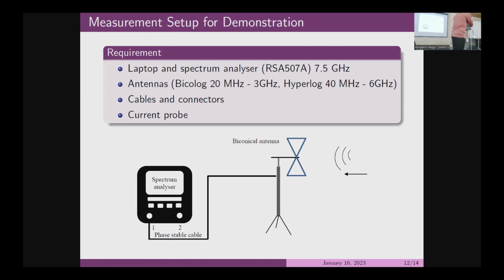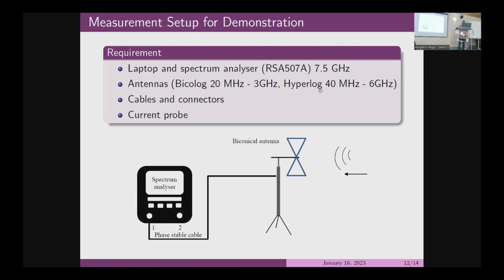All right. So the laptop just enables us to see what it does, more like displaying the results for us. What we need: I have a spectrum analyzer that operates up to 7.5 gigahertz. I have a wideband biconical antenna that operates from 20 megahertz to 3 gigahertz.